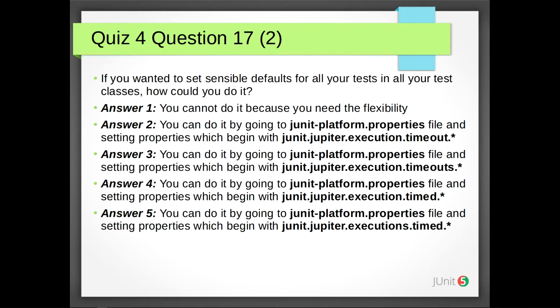Answer 4. You can do it by going to junit-platform.properties file and setting properties which begin with junit.jupiter.execution.time.*. Answer 5. You can do it by going to junit-platform.properties file and setting properties which begin with junit.jupiter.executions.time.*. And the correct answer is 2.